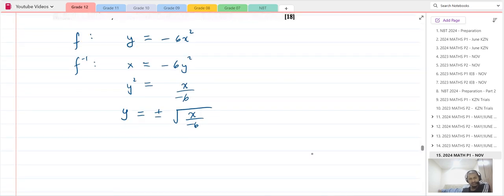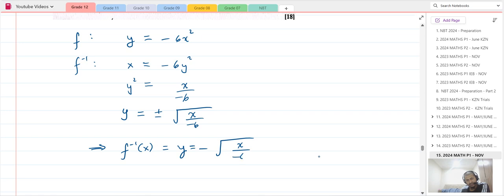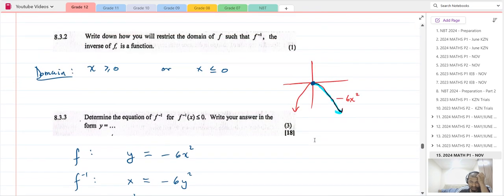So this implies f inverse of x, which is equal to y, is negative the square root of x over negative 6, or let's write it as negative the square root of negative x over 6. Obviously x has to be negative and y is negative. X is negative, y is negative.